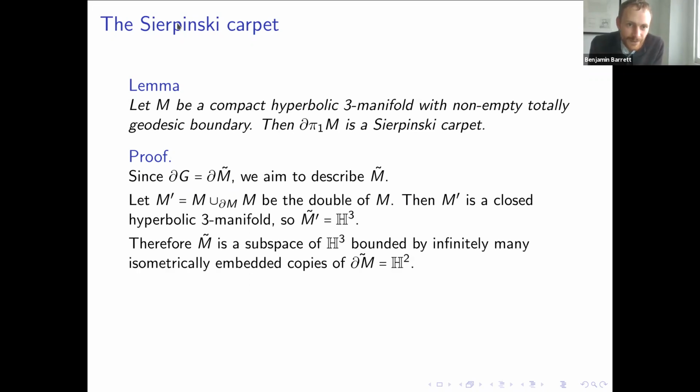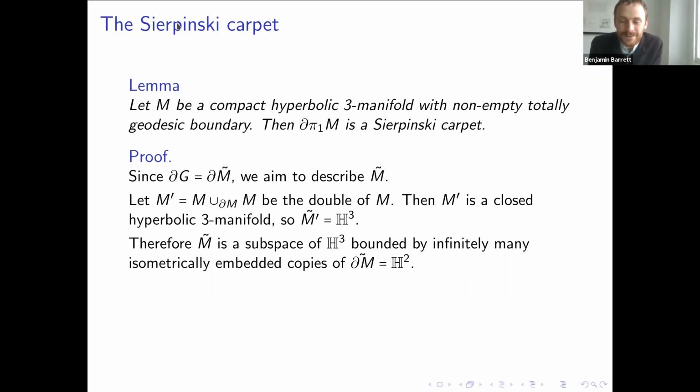Okay, and therefore the universal cover of M is actually a subspace of H3, bounded by infinitely many isometrically embedded copies of the universal cover of the boundary of M. And the boundary of M is, again, totally geodesic, so it's a sort of 2-dimensional hyperbolic thing.